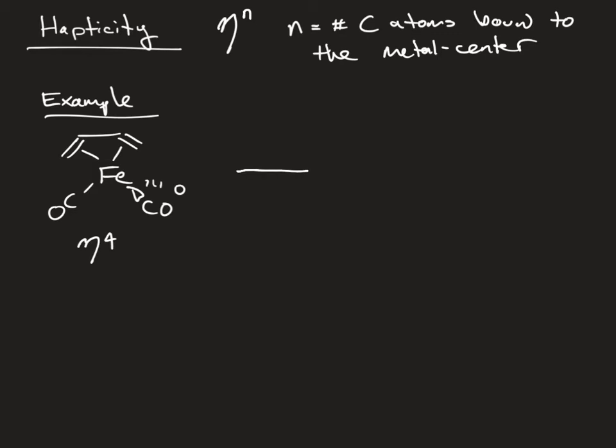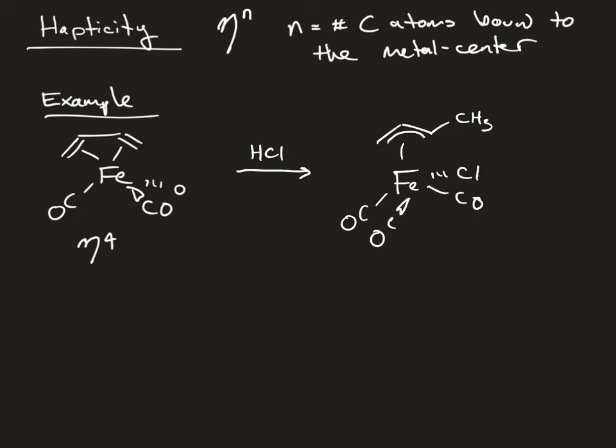This can react with HCl forming this species here, where now it's bound in an eta 3 fashion because we have these 3 carbon atoms bound in to that iron center.